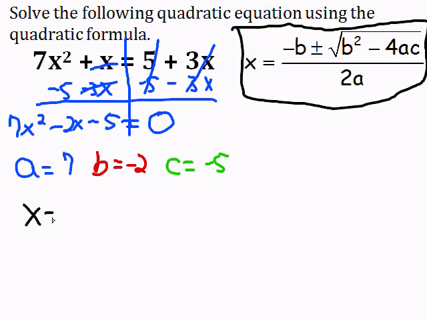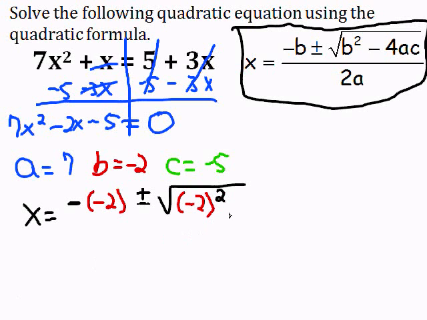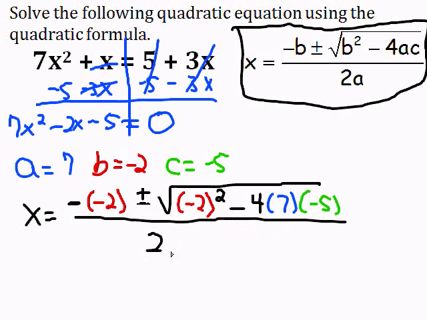So the quadratic formula is x is equal to the opposite sign of b, so it's negative, and my b value is negative 2, plus or minus the square root of b squared, so our b again is negative 2 squared, minus 4 times our a value, which is 7, times our c value, which is negative 5, all over 2 times the a value, which happens to be 7.